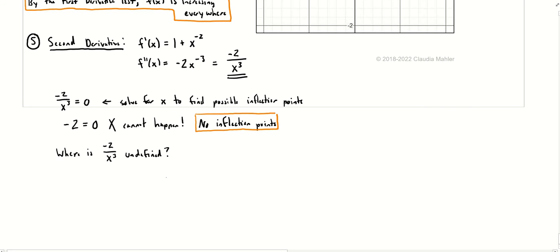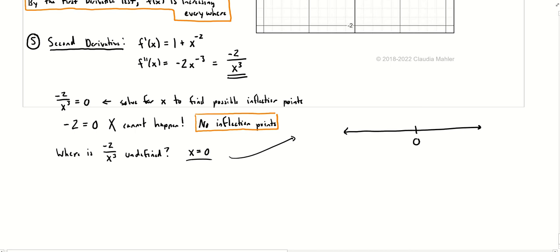And again, it looks like I'm running into x equals 0. That's a place where my second derivative is undefined. Just like we did for the first derivative, I only have one point of interest here. I don't have any inflection points. I have one point where my second derivative is undefined.